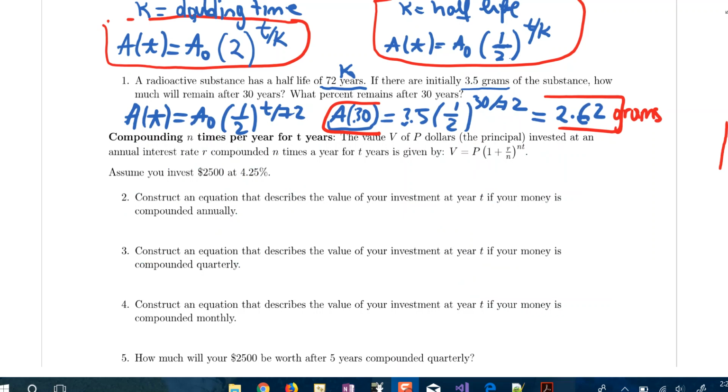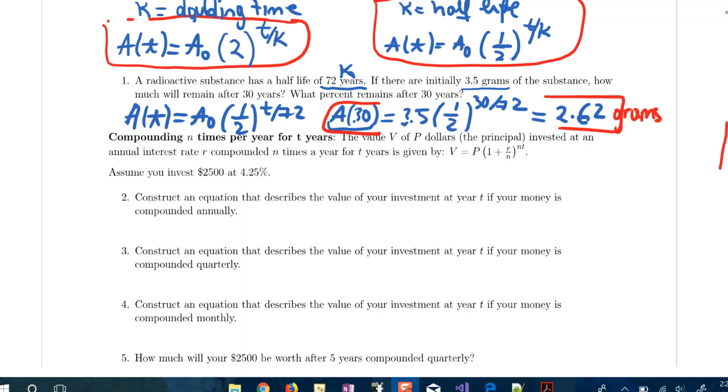So the next problems we're going to look at are financial problems. Since we're dealing with money, principal, and the value of money after 10 years, instead of A and A0, we're going to use V, the value, and P, the principal, the money you start with, or how much you put in an account at the beginning. So the names are going to change now.